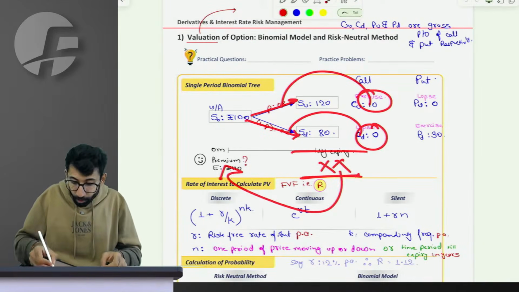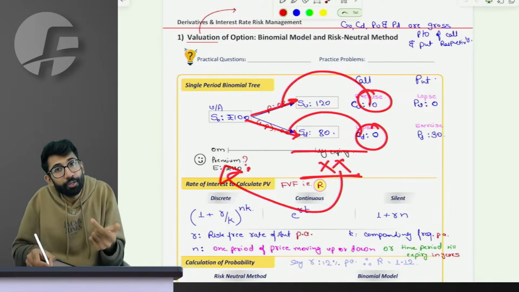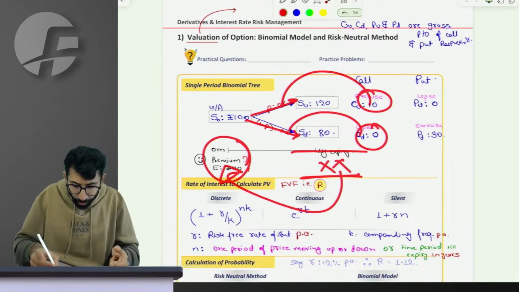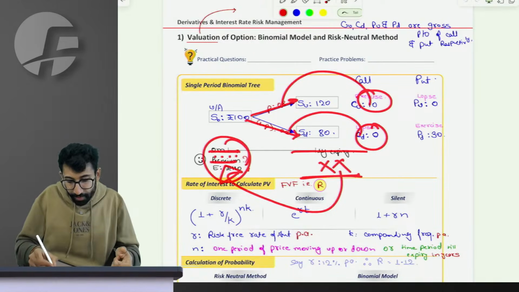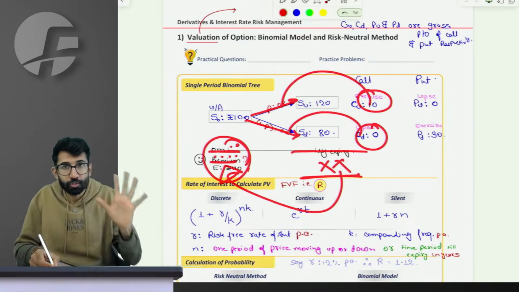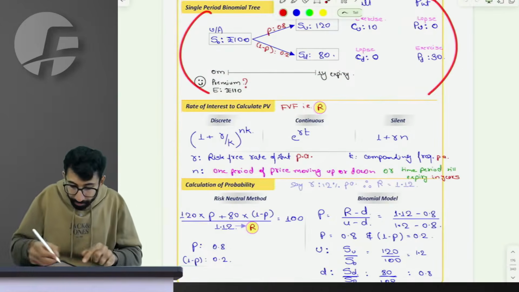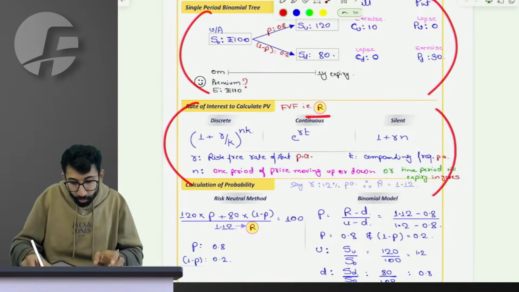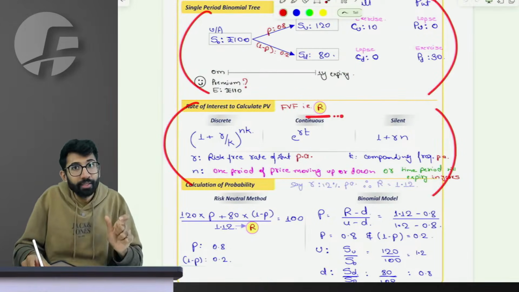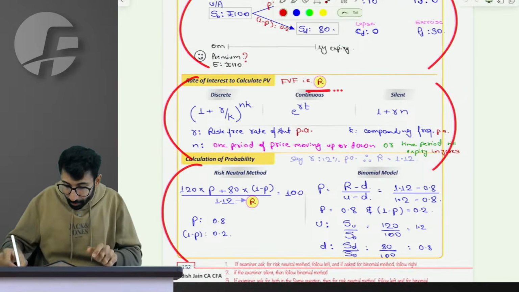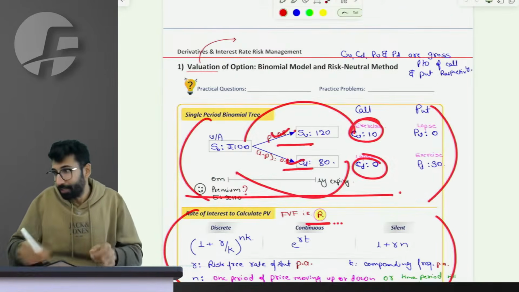The present value of those expected payoffs is the value of the option today at 0. This is the broad story if you remember. The steps are really simple. First, draw the tree. Then calculate the future value factor to be used for discounting. Then calculate the probability of occurrence.